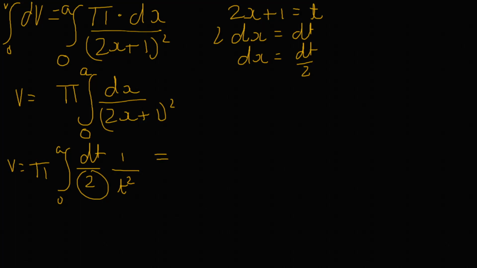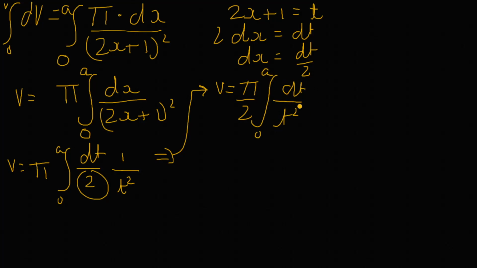So V is equal to pi by 2 integral of dt by t square from 0 to a. Let us use the power rule for this. We know that this is pi by 2 times minus 1 by t.